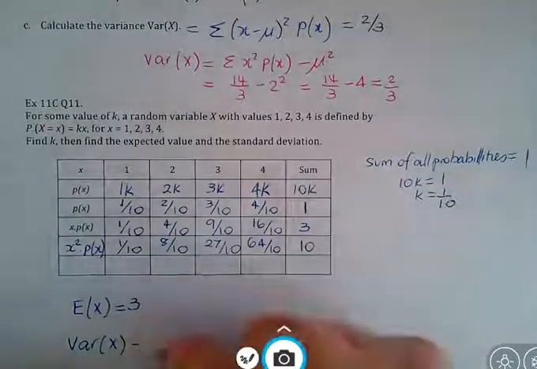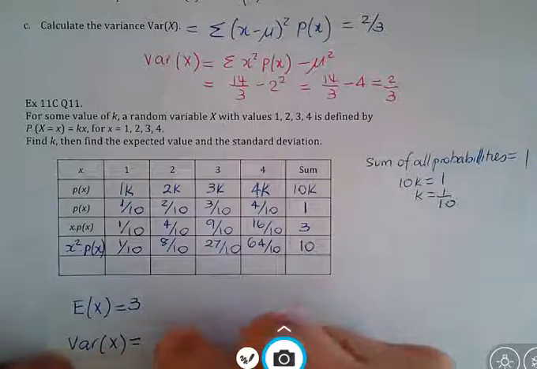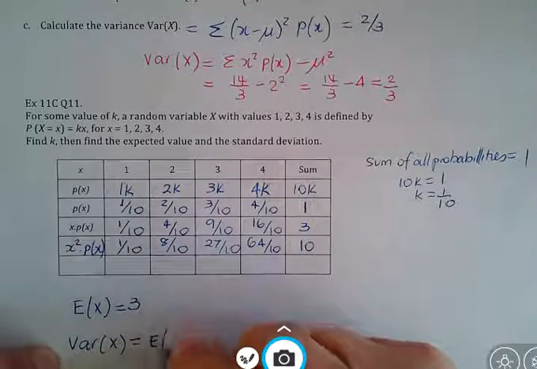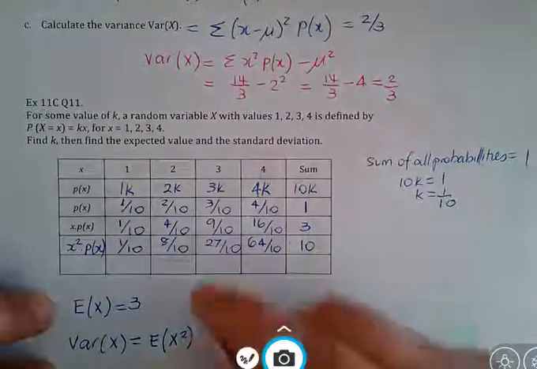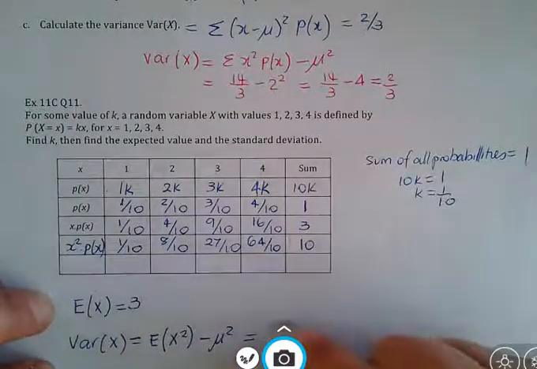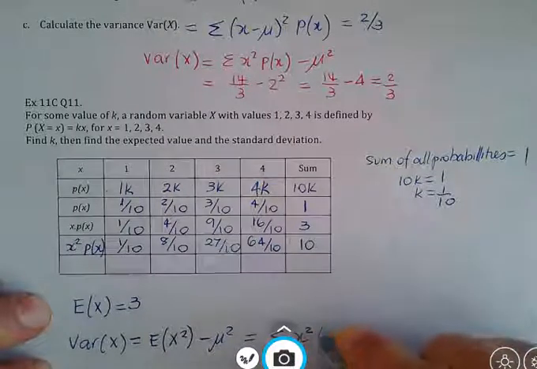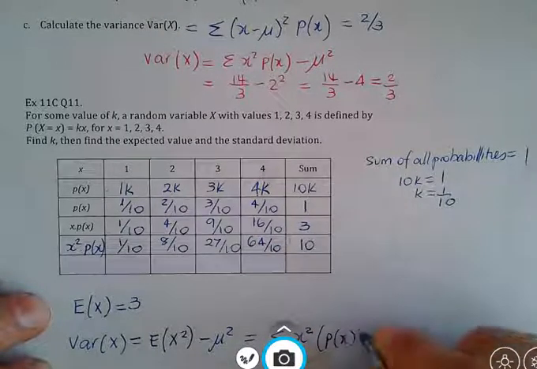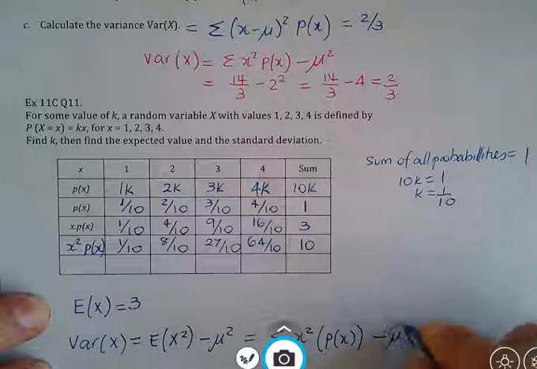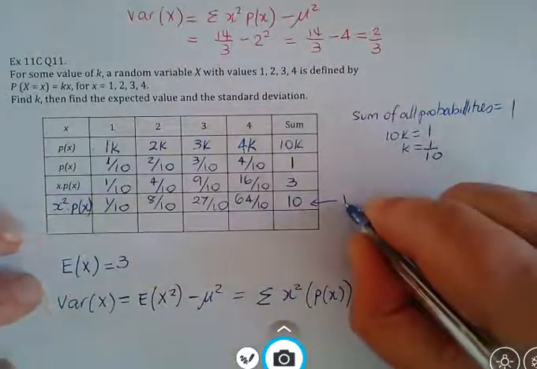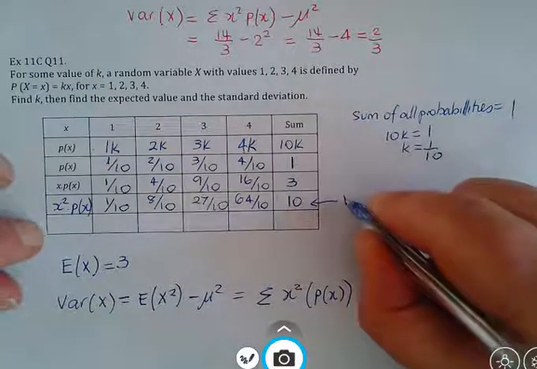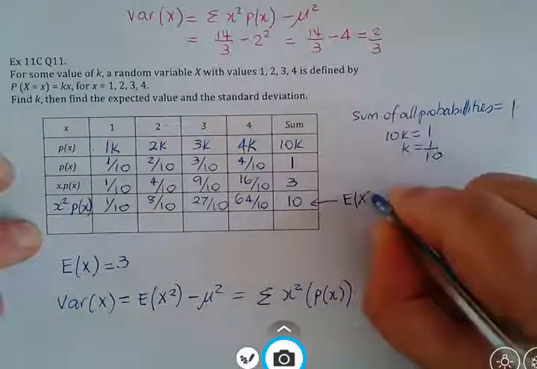So x squared p(x) is 10. So therefore, the variance of x is the expected value of x squared, or it's the sum of x squared times the probability of x, minus mu squared. So this is your sum, this is your E of x squared.